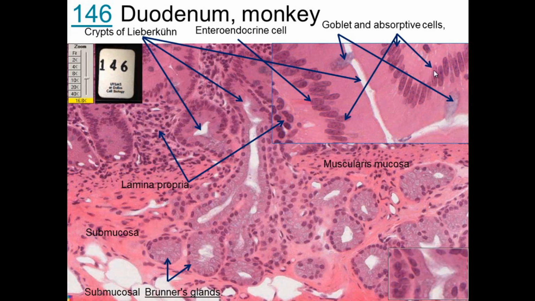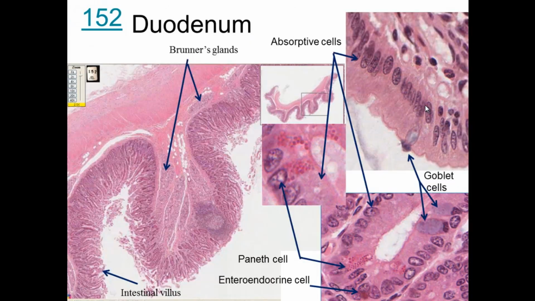And here we can see intestinal absorptive cells. You have a brush border on the surface. These are the crypts of Lieberkühn, or the glands that we see, and also we have goblet cells. So in the intestines, you have intestinal villi, you have microvilli, which make the brush border, and you have goblet cells.